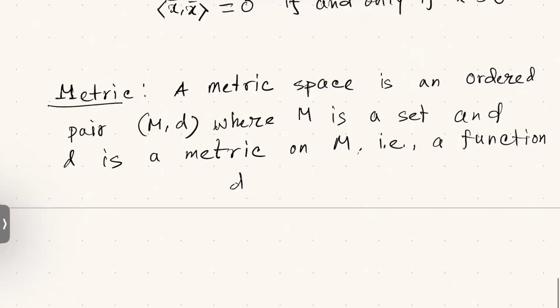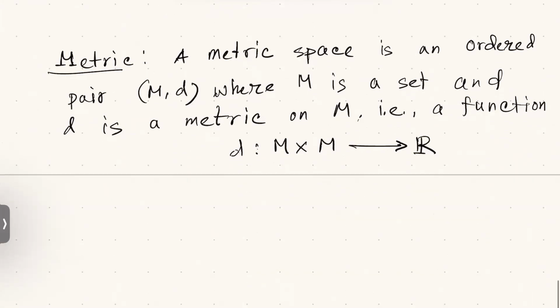So d is a function from M cross M to the set of real numbers, satisfying the following axioms.